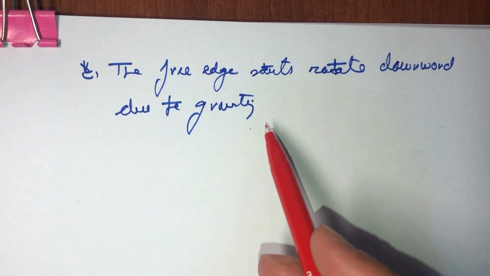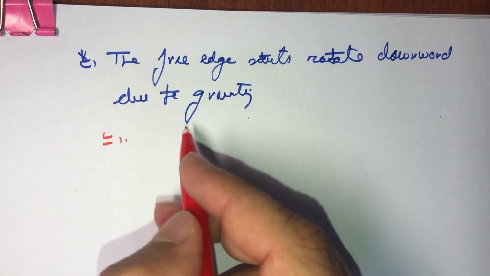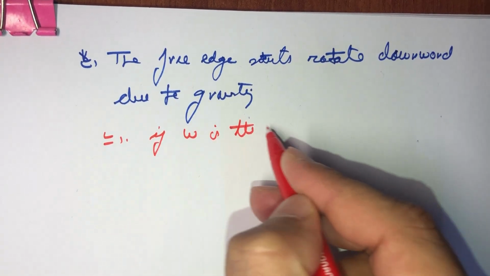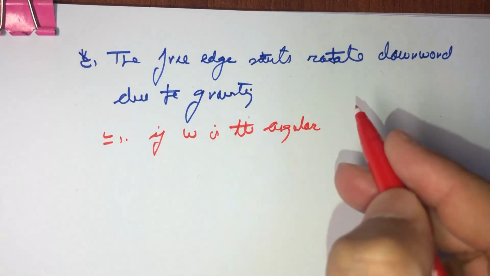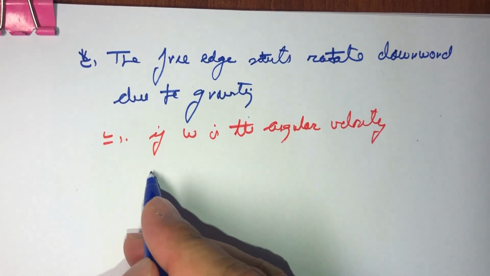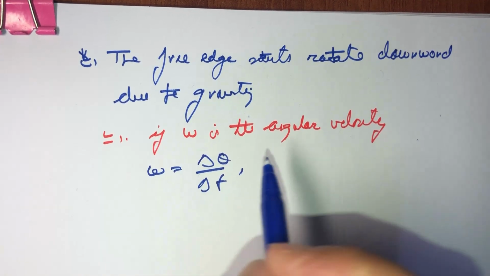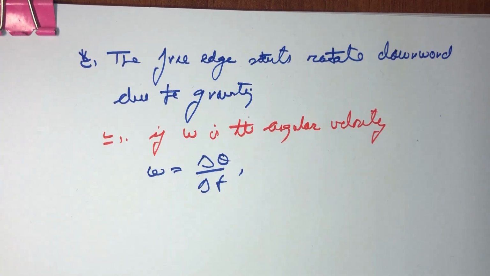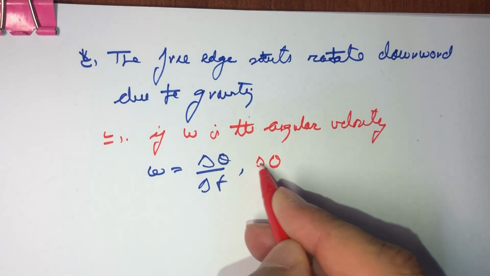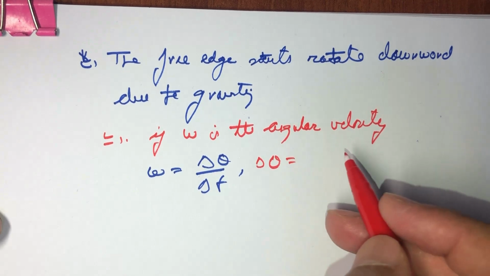Now we already said that if omega is the angular velocity, we can write the relationship omega = delta theta divided by delta t, where delta theta is the small angular displacement during the slip time.